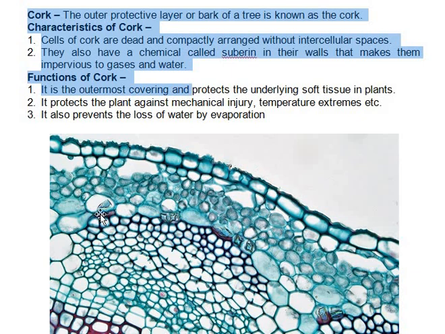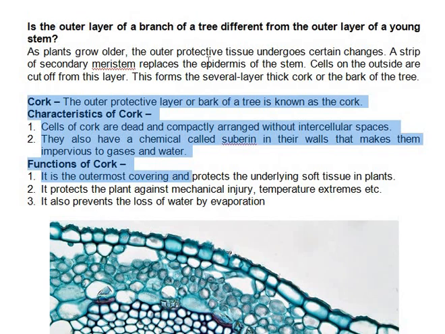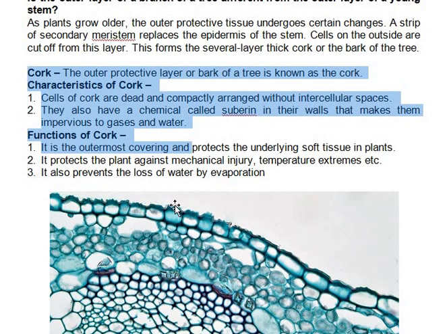In the young stem, the outermost covering is the epidermis, no doubt, but when it gets older, it increases laterally, and at that time the epidermis gets broken down, and when the stem becomes woody, the epidermis is replaced by another multi-layered dead structure which we call cork.